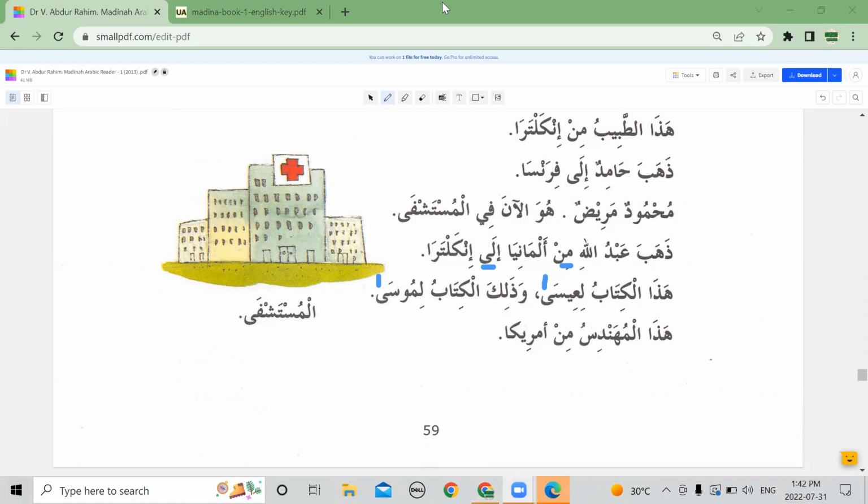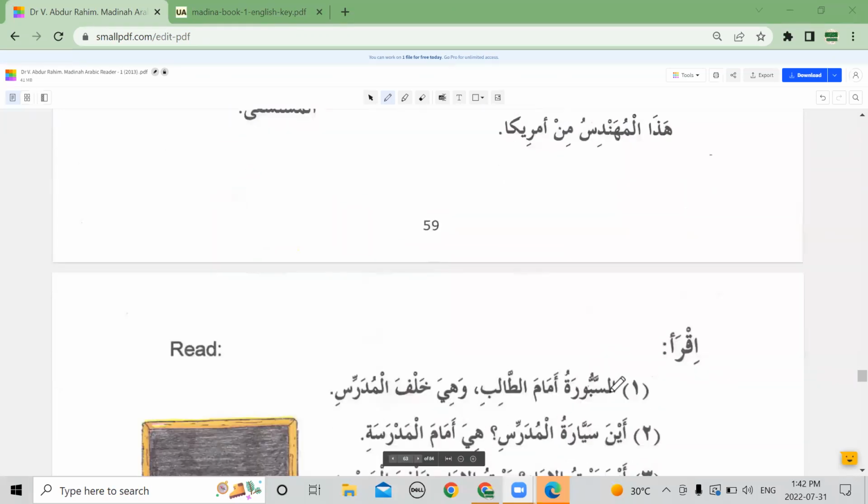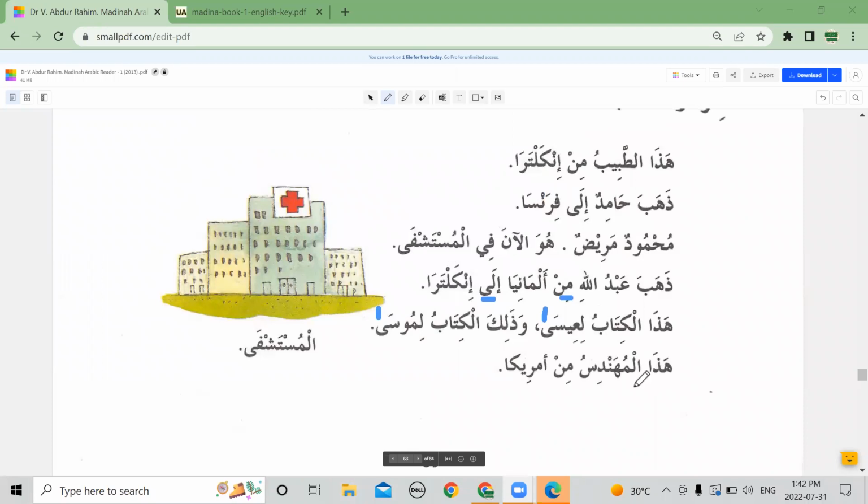What does مهندس mean? Muhandis means engineer. This engineer is from America. Very good. Min America.